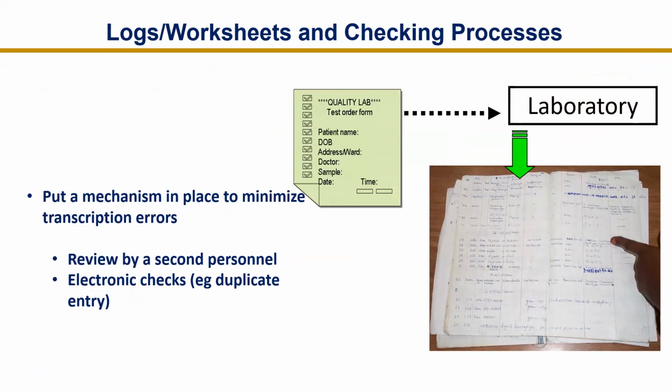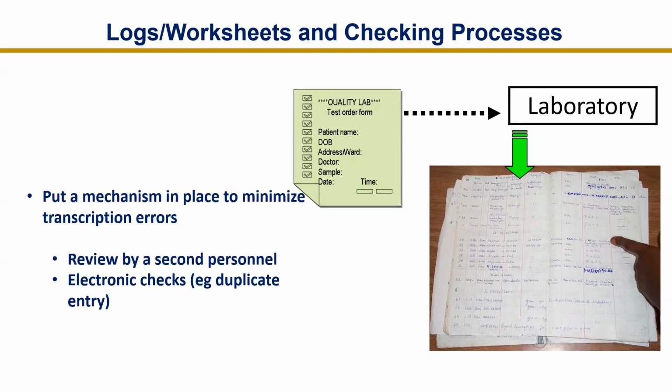So whether it's a paper-based or computer-based information system, we need to make sure that we have a mechanism in place to minimize transcription problems or transcription errors. And in a computer-based system, it's probably easier because there are ways to automate those checks. But if it is a paper-based lab, then it is a challenge.